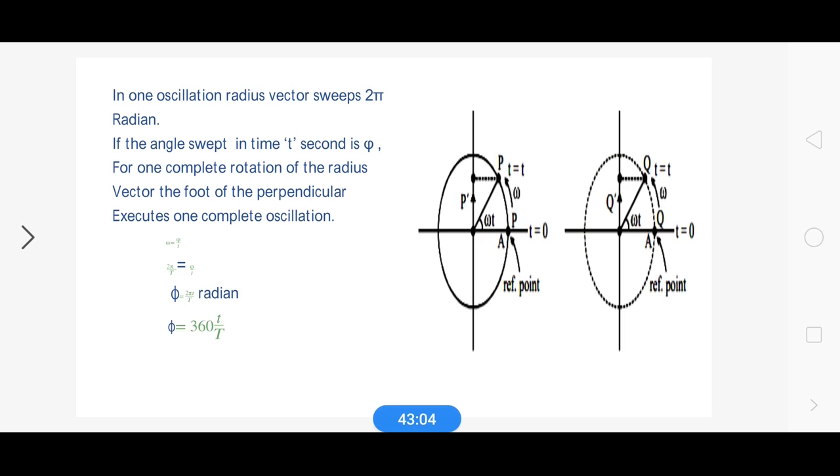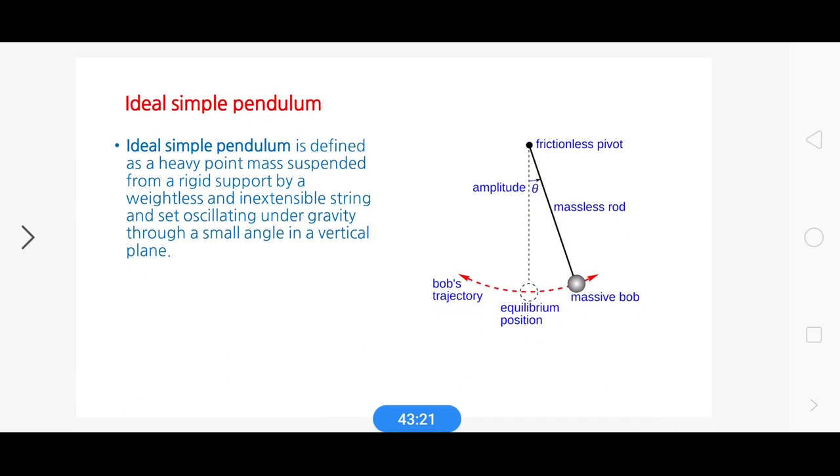So omega is equal to phi by t, so 2 pi by T is equal to phi by t. Then phi is equal to 2 pi t by capital T radians, or 360 into small t by capital T degrees. So this is the phase of the particle.